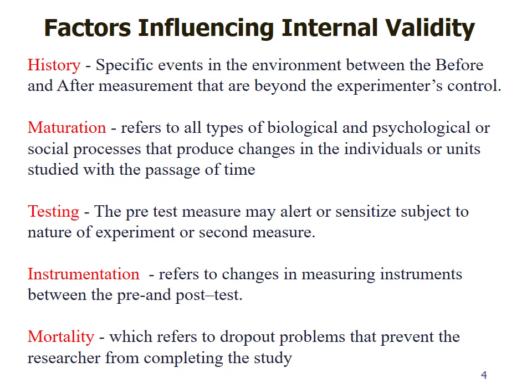So either you continue with a smaller number of people in your experiment, or you cancel the experiment altogether. So these are the factors that influence internal validity of the experiment.